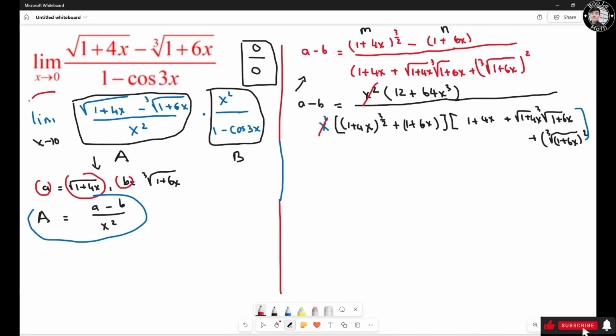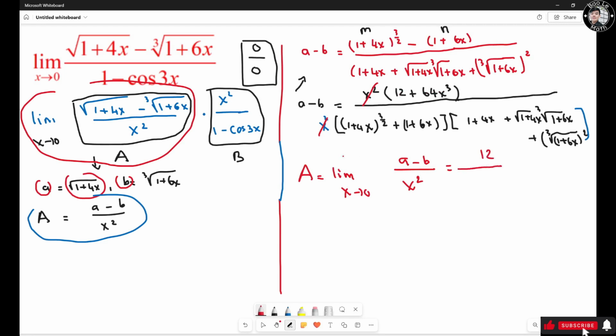So I have the limit of this one right here, which is a, right? So a equals the limit of (a minus b) over s squared when s approaches 0. It's going to be this guy right here. When s approaches 0, substitute 0 for s: the top is 12.